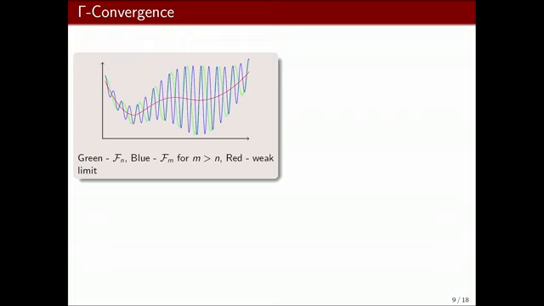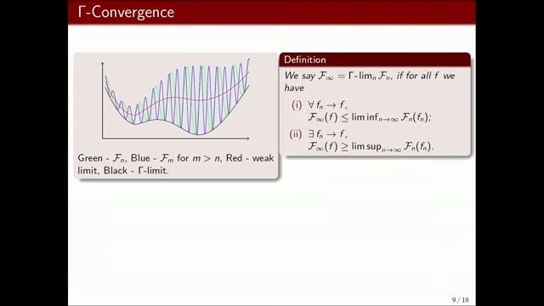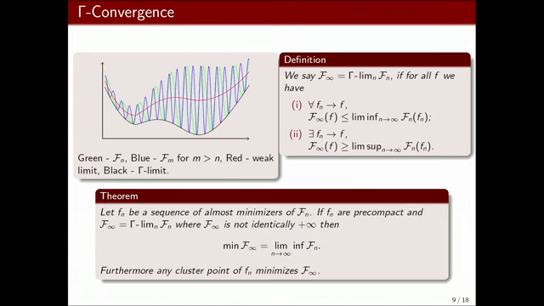The right topology to consider is the gamma limit. The gamma limit is this black curve here, which is the limiting lower semi-continuous envelope of the functional. Now you can see the minimizer and the minimum are over here. There is a definition for gamma convergence, which really just says it's the black curve. There is a theorem which says that, assuming the sequence of minimizers is pre-compact and we have a gamma convergence result, then this picture holds.